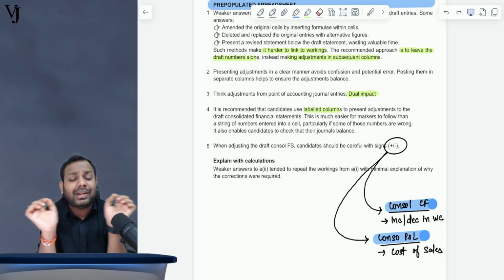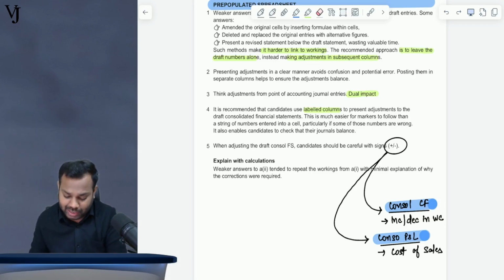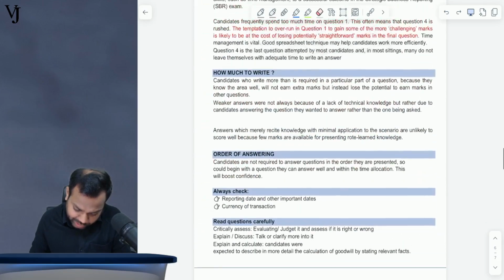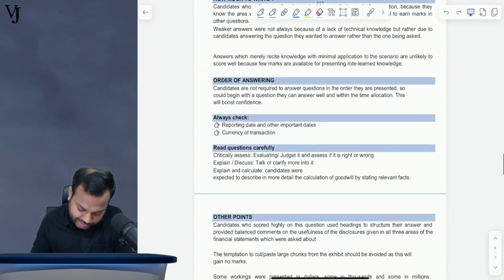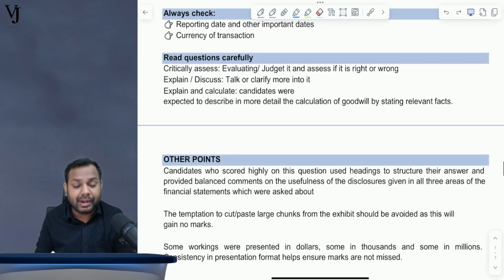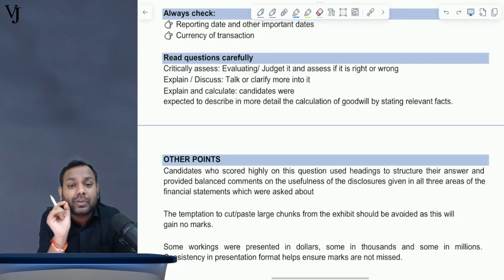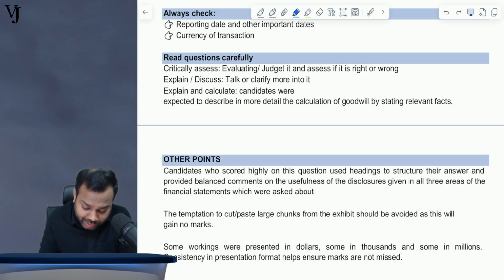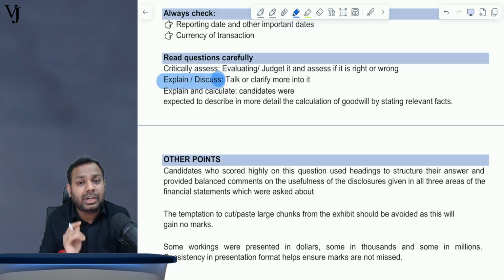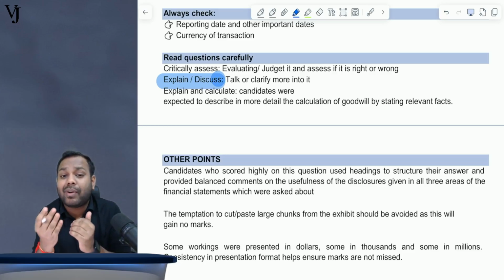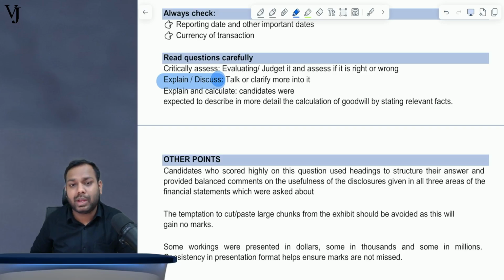How does it make a difference? I have discussed it in generic points, but I'll discuss it right now. Read the question carefully. What is the question asking? If the question is asking explain or discuss, then we have to clarify more into it.